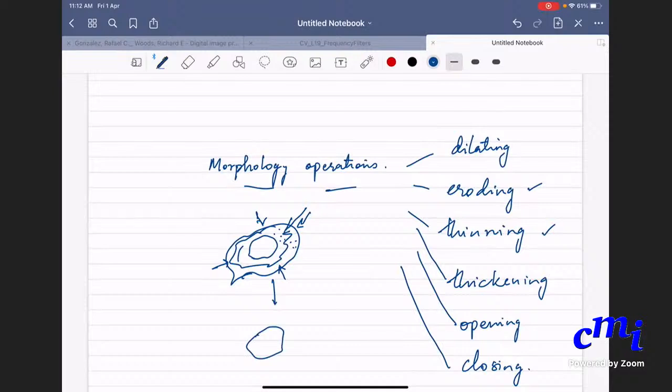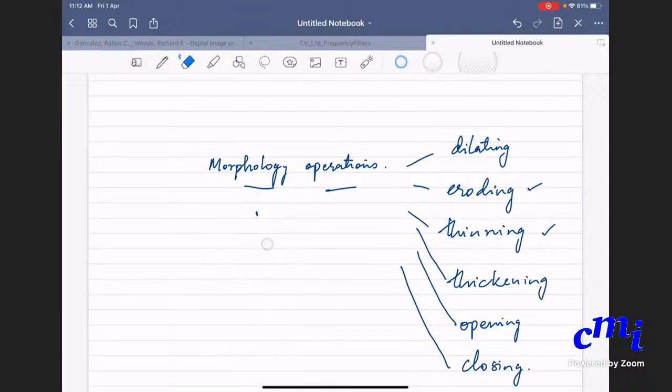One of the ways where eroding is useful is when you want to count something, for example, bottles in an image.